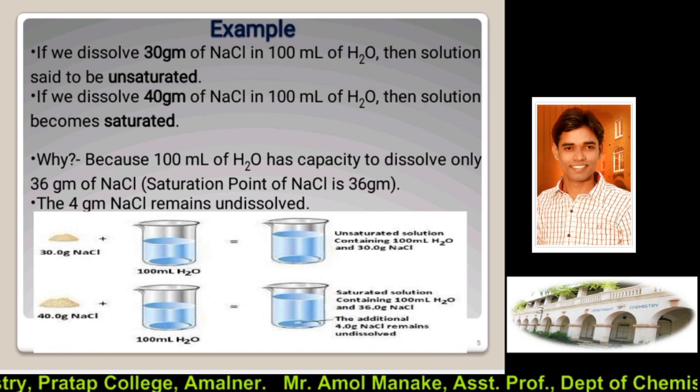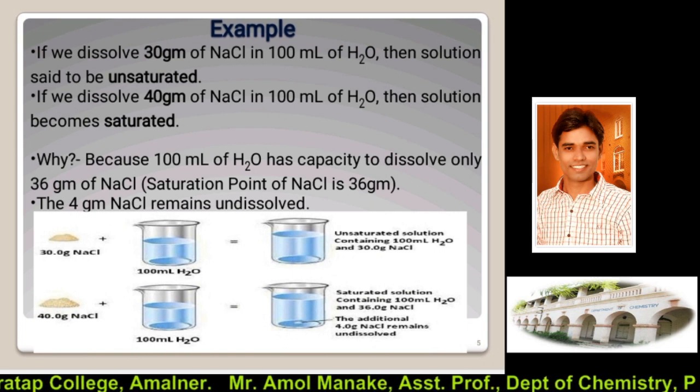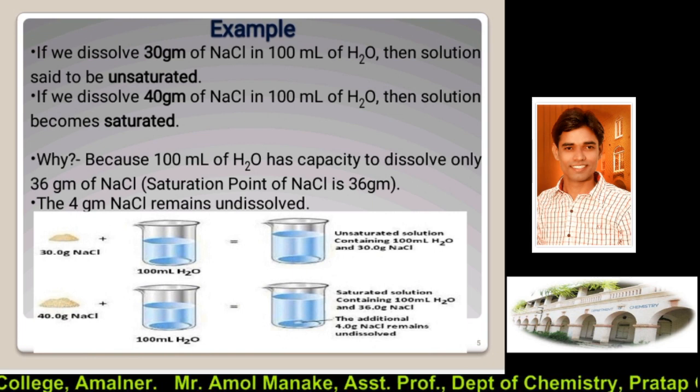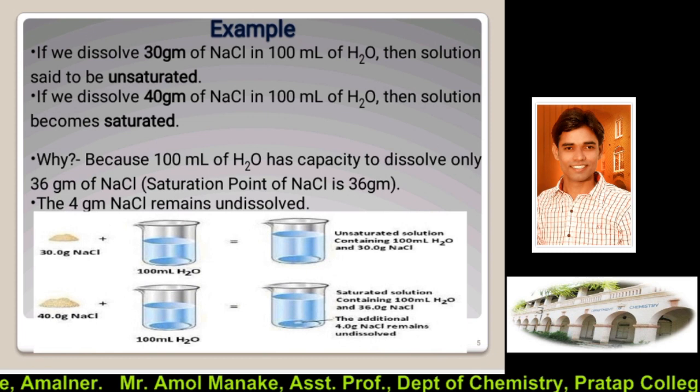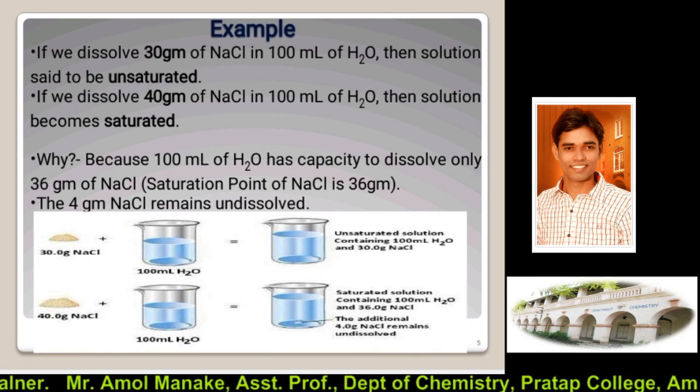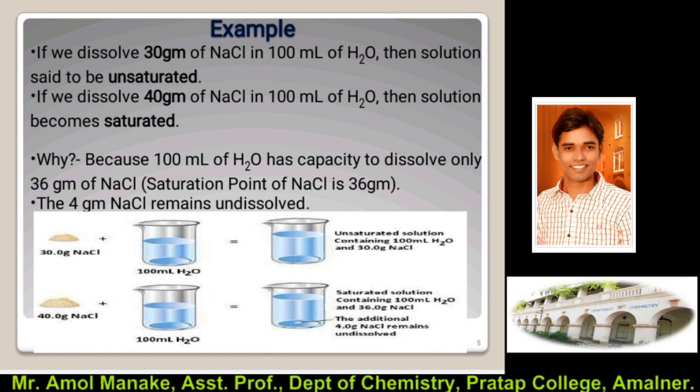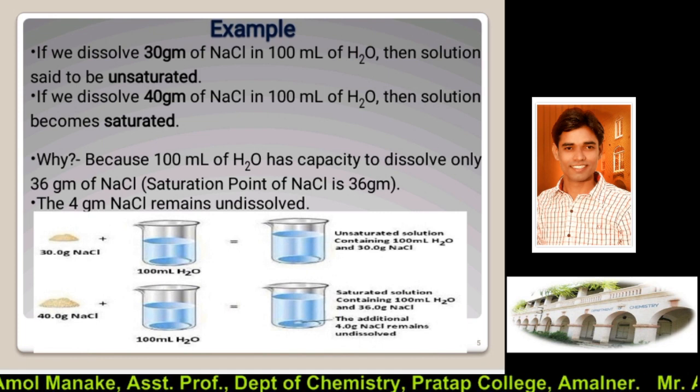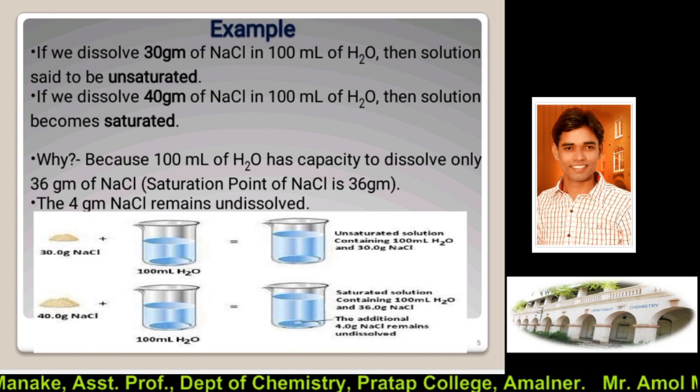You can see in the diagram, here 30 gram of NaCl plus 100 ml water is equal to an unsaturated solution, which contains 100 ml of water and 30 gram of NaCl.